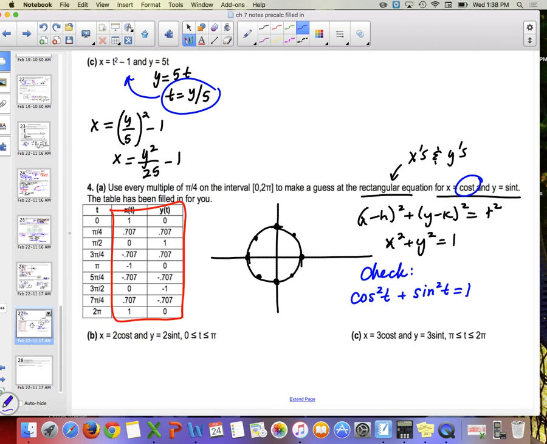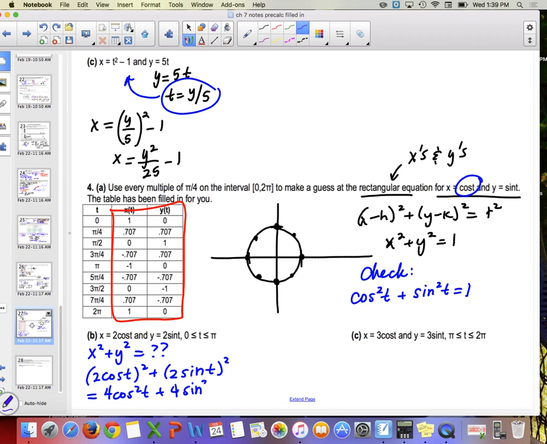Okay, but we're only going from 0 to pi, and you can graph it on your calculator if you need to. But basically what you're going to look at is what happens when I do an x squared plus y squared. So if you see sines and cosines, always do that. So we're going to have 2 cosine t squared plus 2 sine of t squared, which is going to be 4 cosine squared plus 4 sine squared.